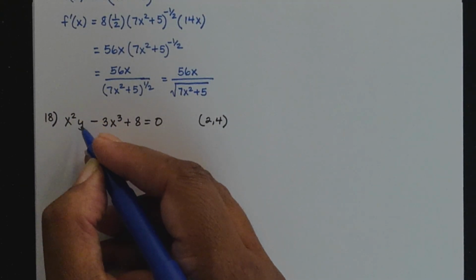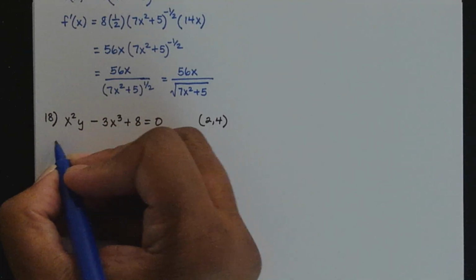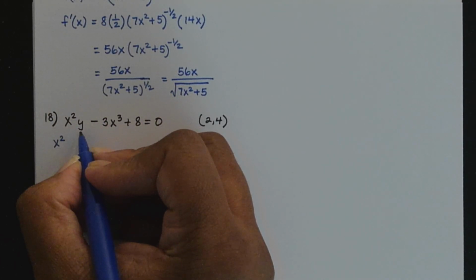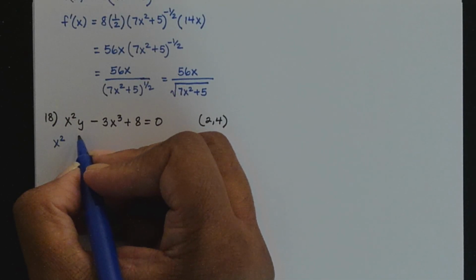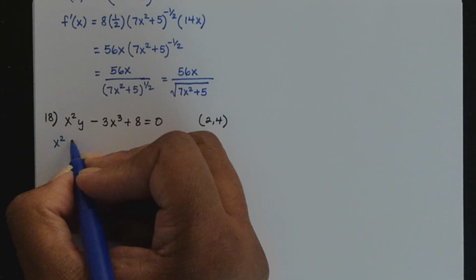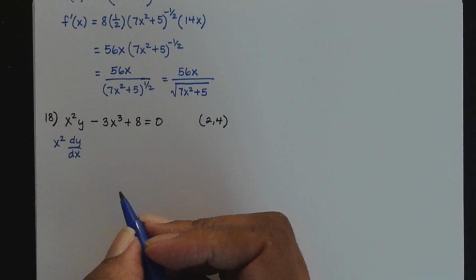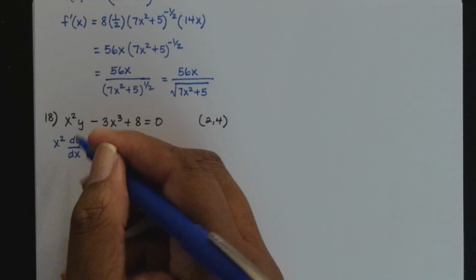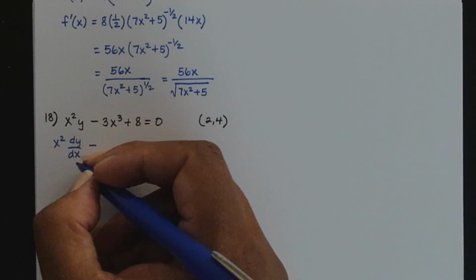Because you got x squared times y. So the first thing I need to do here is just copy the first term times the derivative of y. The derivative of y would be what? 1. But since I'm taking the derivative of y, I must include this notation, dy/dx, because I'm assuming that y is some function of x. So I have to include dy/dx.